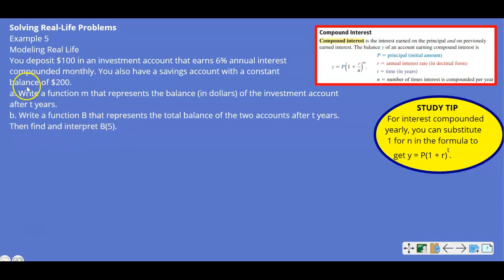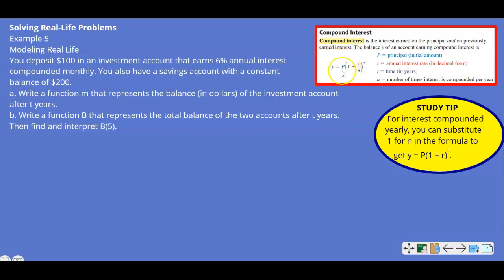All right, so write a function m that represents the balance of the investment after t years. So here's our formula. This is another, a little bit more detailed version of what we've been looking at before, and it represents compound interest.